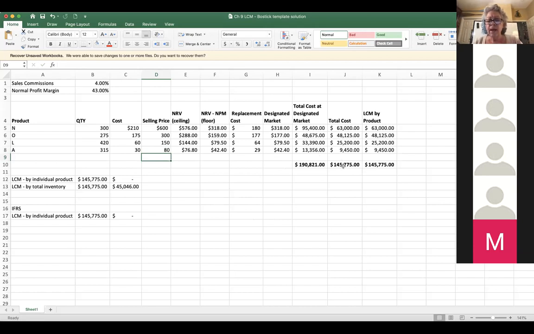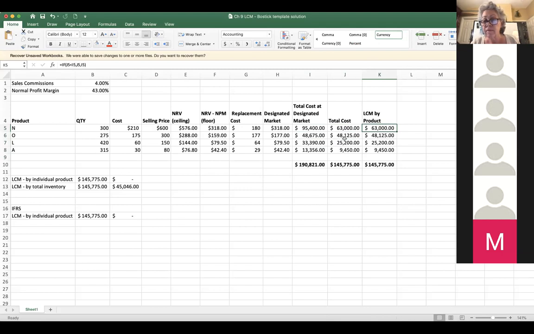Oh, no, it's not magic, because on all of these, my LCM by product cost was the lower, because I made my sales prices so high that my cost is the lower of the two.